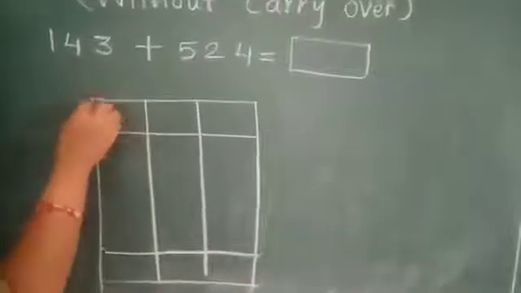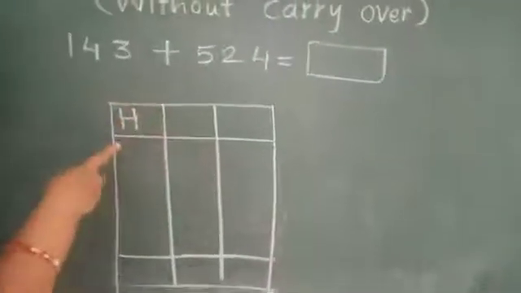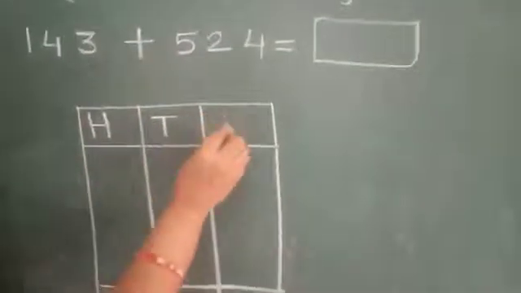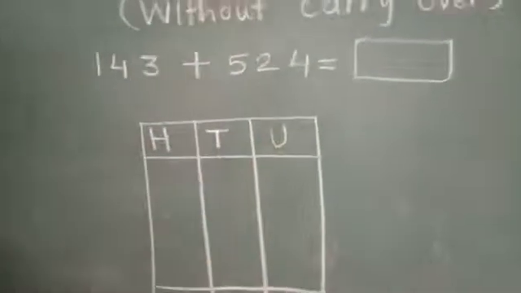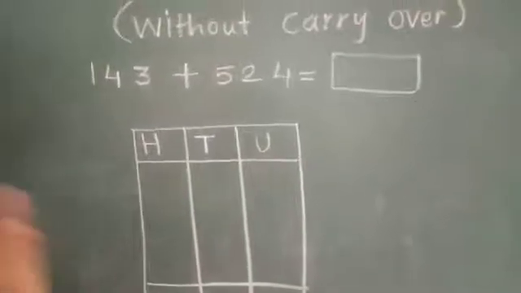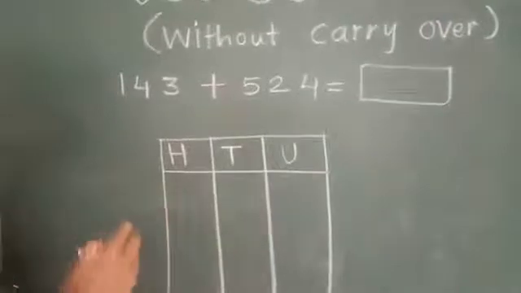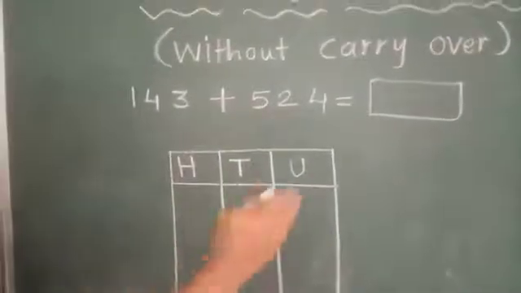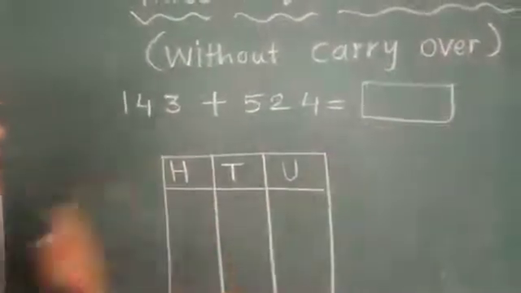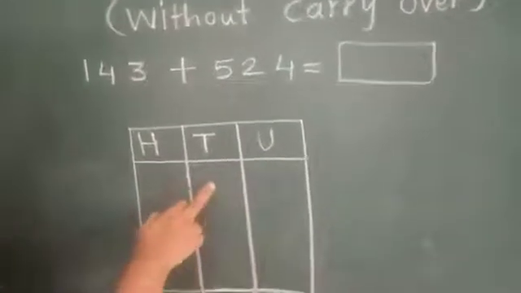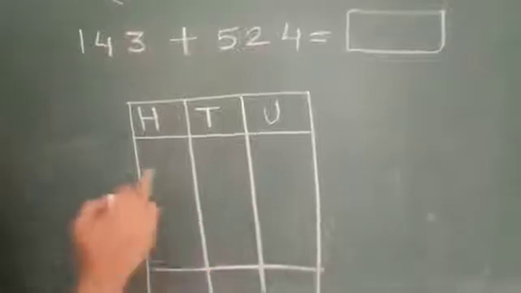This box is H means 100, T means tens, and U means unit. Now what we will do? We will first see the numbers. In which box we will put which number? Now see, from this side we will start. First we will write unit, afterwards we will write tens, and afterwards we will write 100.